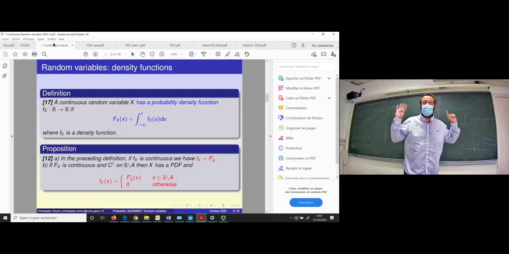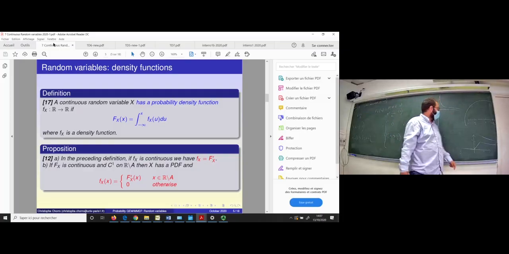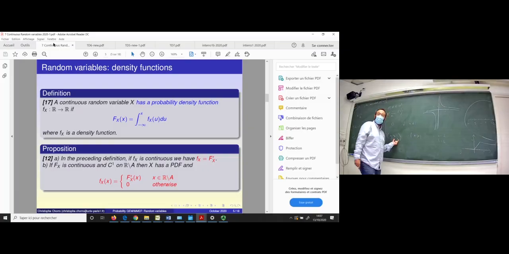But if you want to compute with this integral, you just have to be careful because maybe you will have to consider cases depending on the position of 1 over x. You can always write the density of x1, but be careful, because depending on the value of u, I have a particular value for the density.